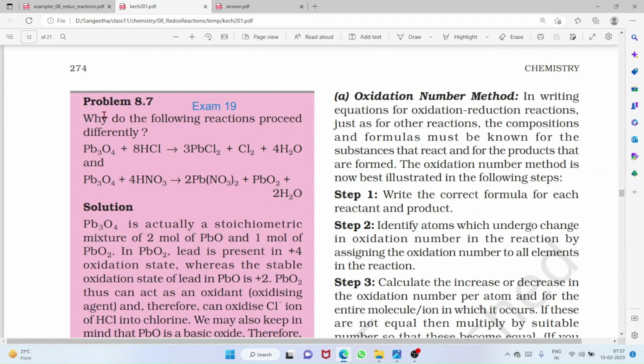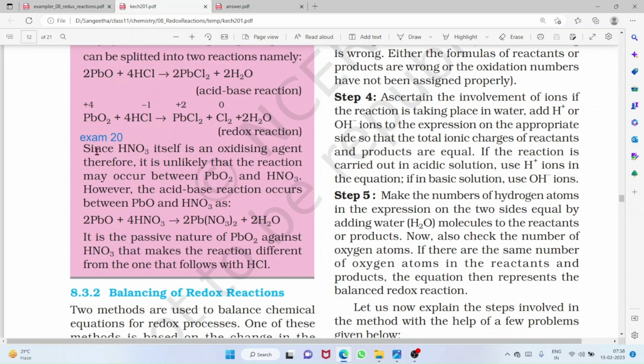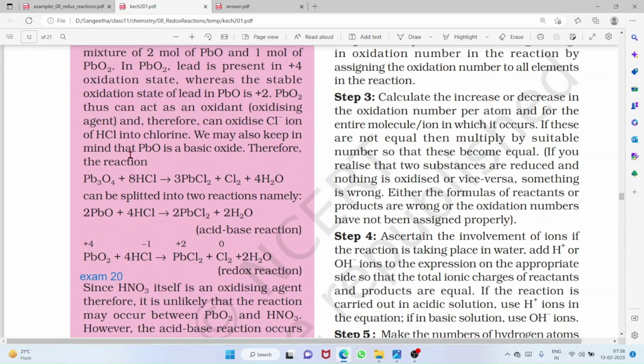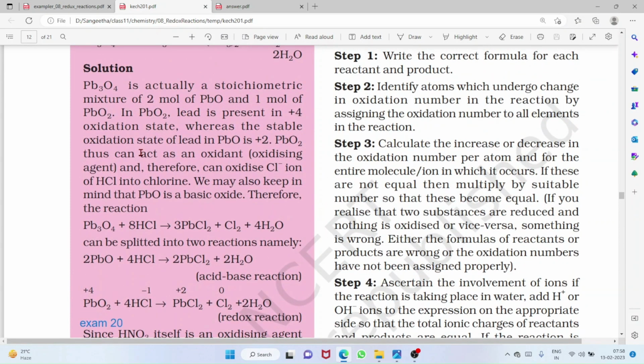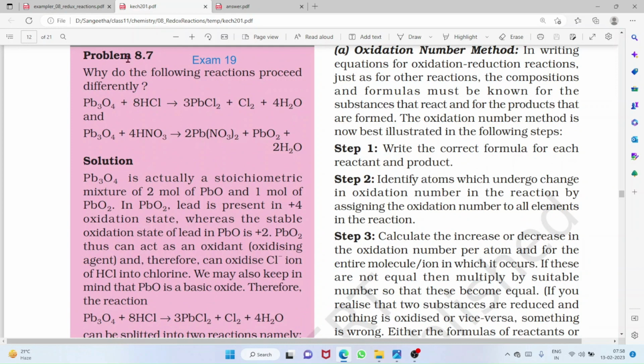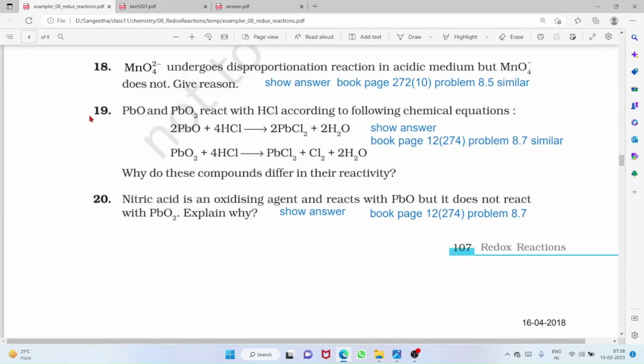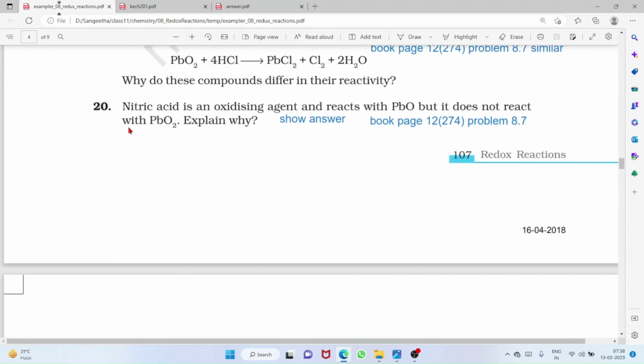Okay, so you can go through this problem. This is a similar thing. Okay, so here you can go through what is the oxidation state, why they do differ. Nitric acid is an oxidizing agent and reacts with the PbO, but it does not react with this. Explain why.